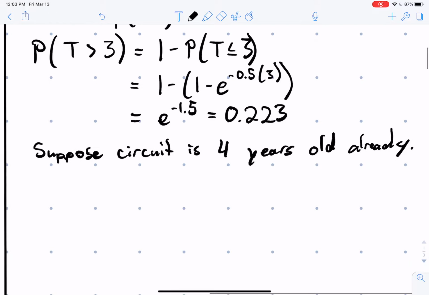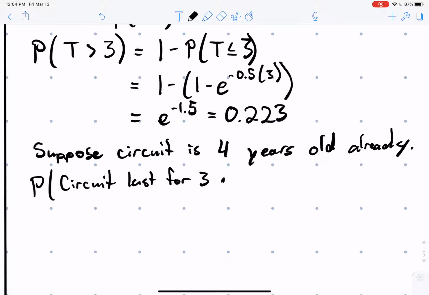Now the problem is to find the probability that the circuit lasts for 3 more years. That's what we're looking for.